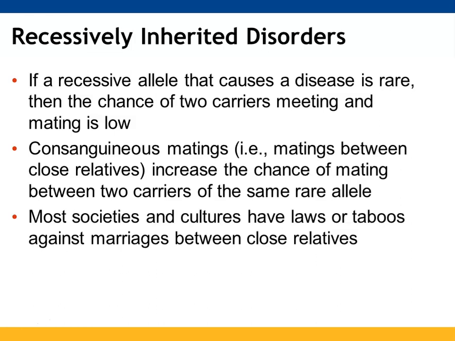This will happen more frequently if there is not as random of mating, if there is marriage between closer relatives, which is why in most societies, marriages between first cousins, having children between first cousins, having children with siblings, children with direct relatives is highly disapproved.